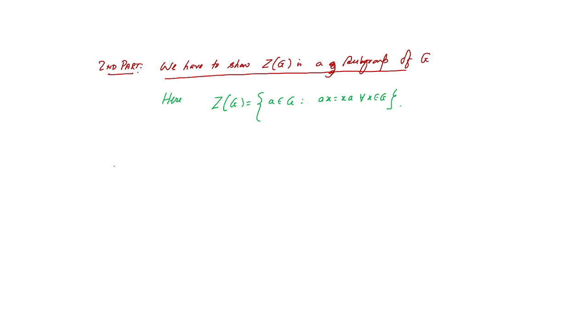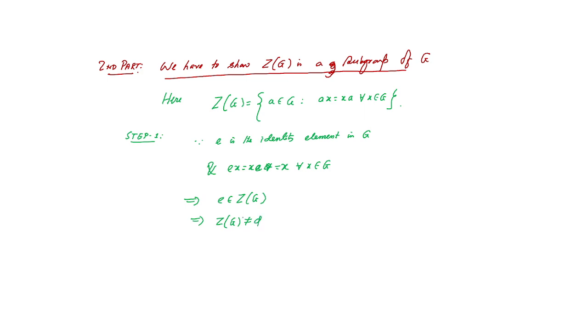So first we will show, step 1, Z(G) is non-empty. Step 1, since e is the identity element in G, and e x equals x e, this is exactly e x equals x e, this equals x for all x belongs to G. And that implies e must belong to the center of the group, and that implies Z(G) is always non-empty.